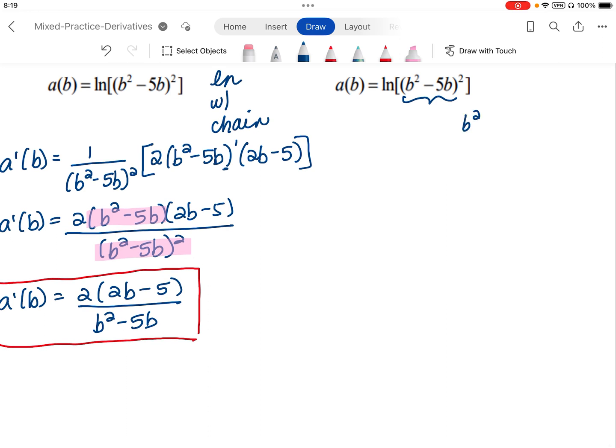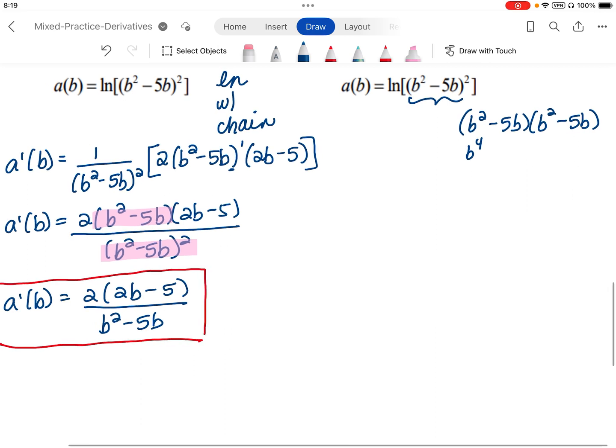So that's b squared minus 5b times itself, b squared minus 5b. And so I'm going to get a b to the fourth, and then I'm going to get a minus 5b cubed, and then another minus 5b cubed. So that'll be minus 10b cubed, and then plus 25b squared.